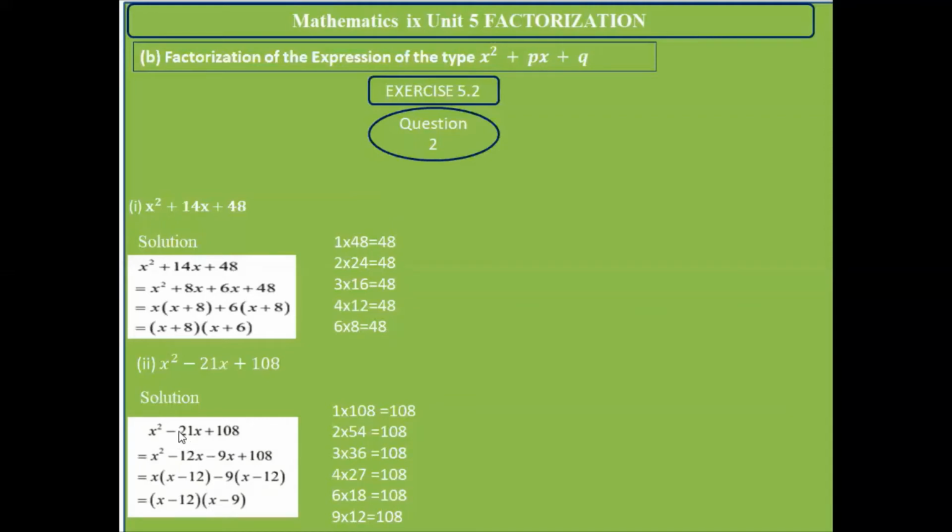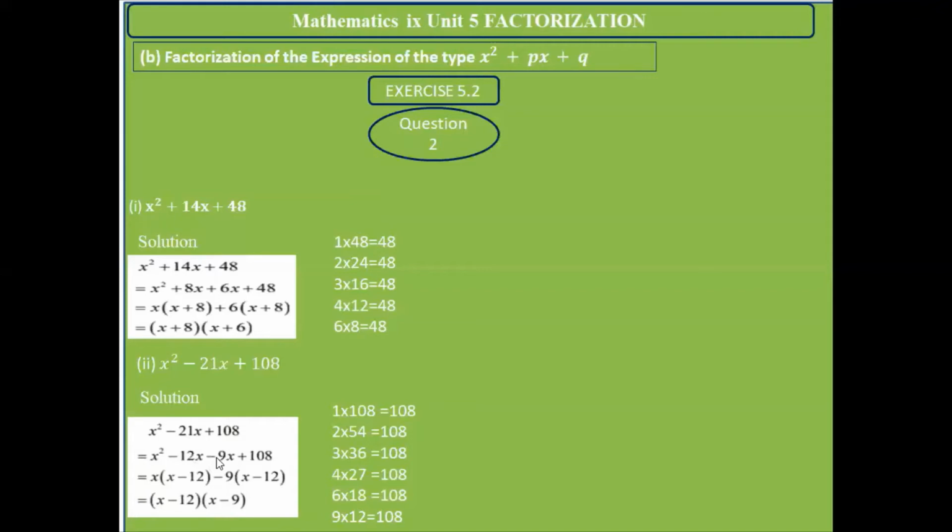Here it is minus 21, it means minus 12 and minus 9. These are two factors, minus 12 and minus 9. When we add these two terms, minus 12x and minus 9x, we have minus 21. When we multiply minus 12 with minus 9x, we have plus 108 x square.